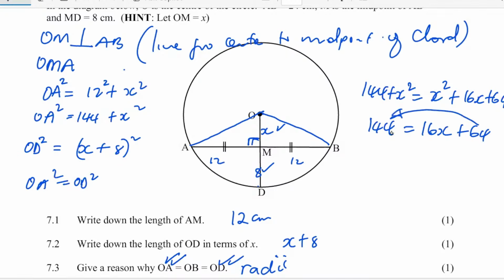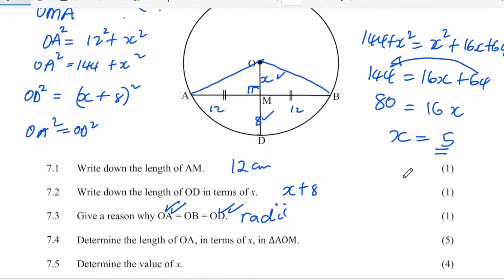I move the 64 to that side, I'm going to be left with 80. Divide both sides by 16, X becomes 5. But the question is not asking for X. They're asking for the length of the radius. So if this is 5, our OD, which is the same as OA, is going to be 8 plus 5, which is 13 centimeters. So that is how we get the length in that triangle, the 13.